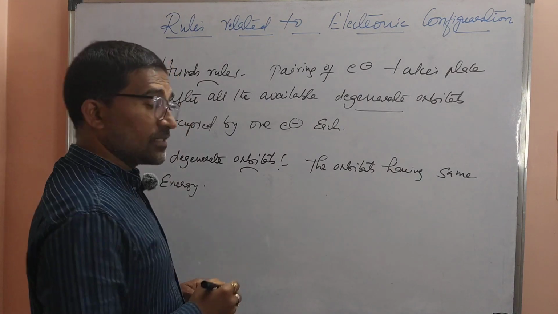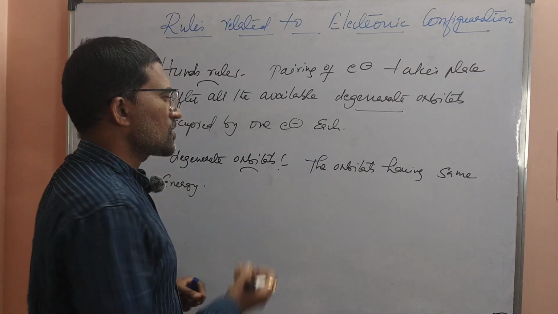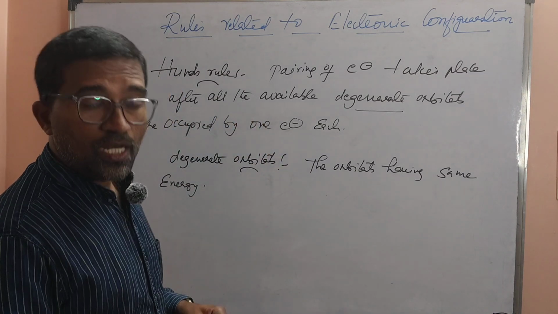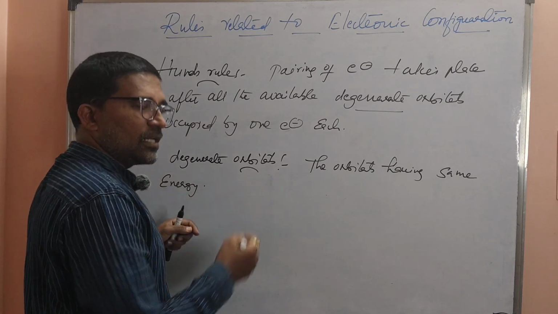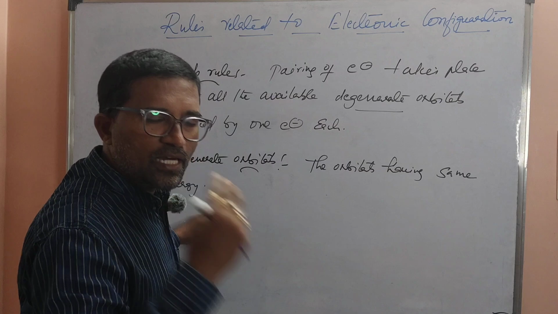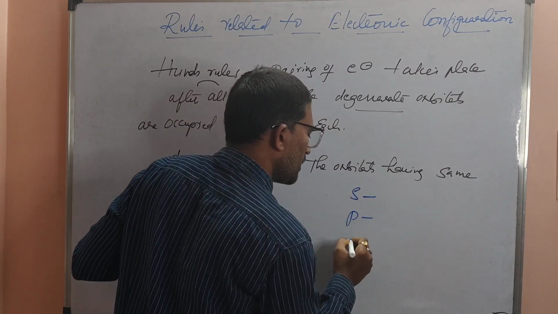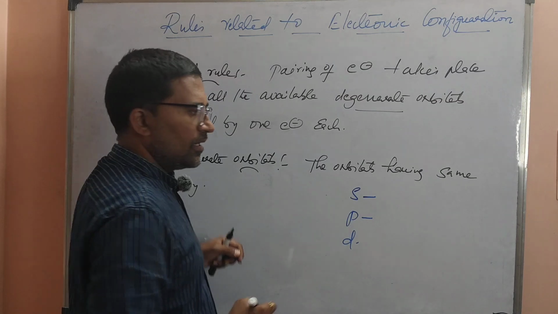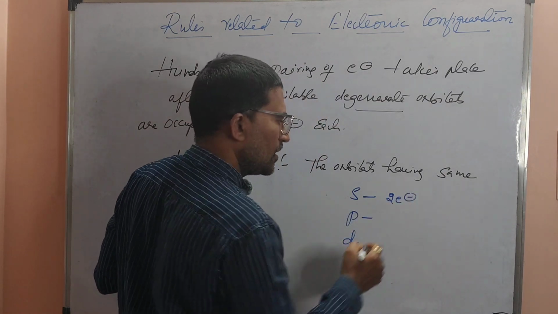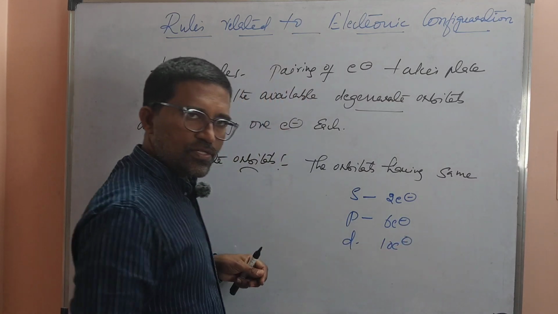Sir, can you please give an example? As you know, we have primarily discussed three orbitals: s orbital, p orbital, and d orbital. The s orbital contains a maximum of 2 electrons, p orbital a maximum of 6 electrons, and d orbital a maximum of 10 electrons.